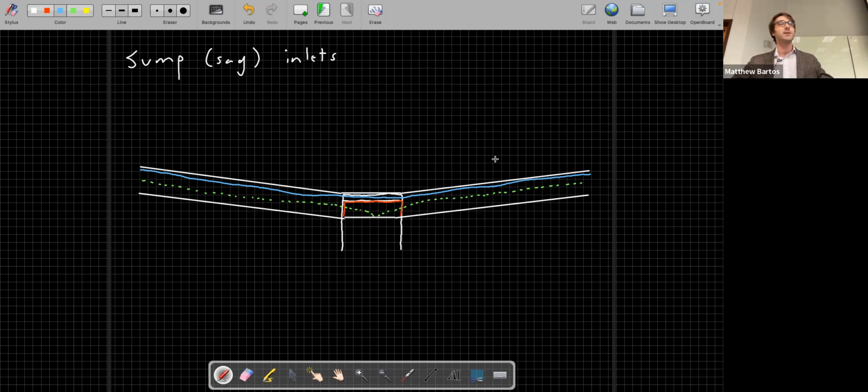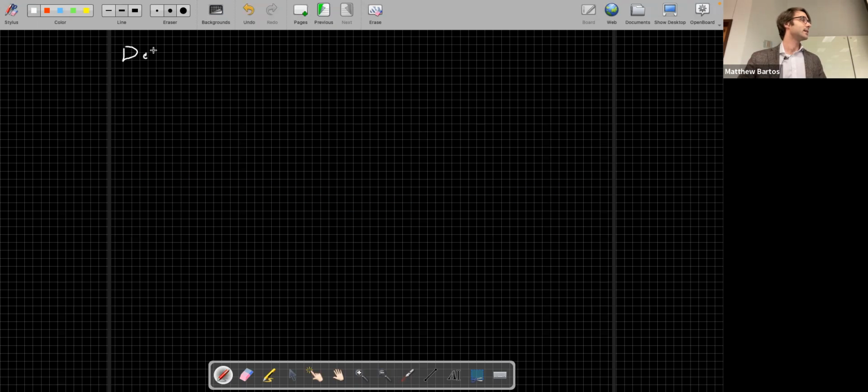I'll give you a quick conceptual overview of what we're trying to do, and then I will move into how we can actually design our inlets to intercept a required amount of discharge. All right. So let's talk about design of curb inlets. I'm just going to give you a quick conceptual overview of what's going on first.